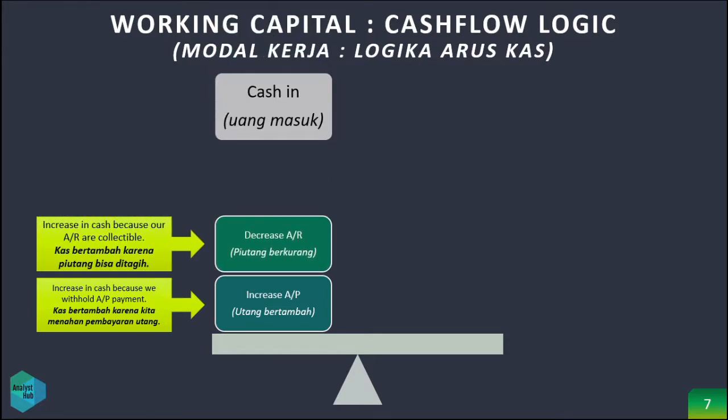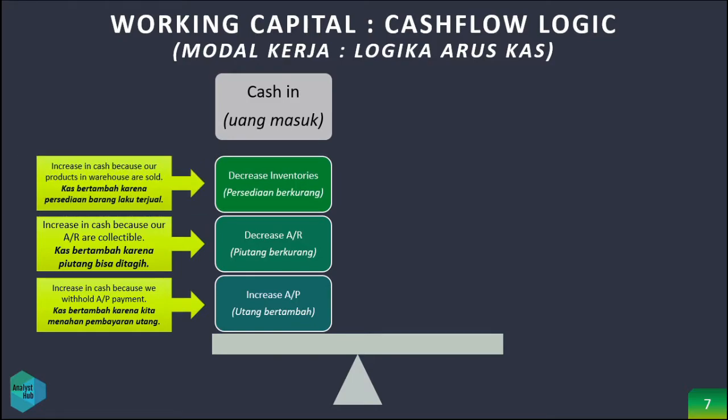Next, if our receivables have decreased, it means our receivables from customers have been collected. Therefore, cash in to the company. And if our inventories have decreased, it means more of our products in the warehouse have been sold. Therefore, cash in to the company.